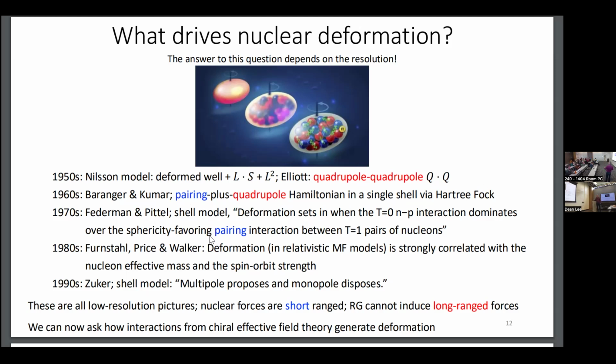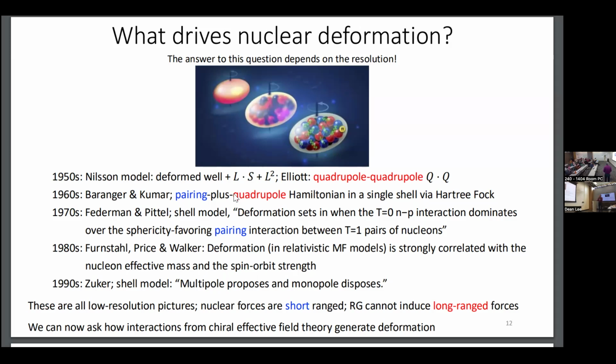Hecht looked at this in relativistic mean field models and found that deformation is very strongly correlated with nucleon effective mass and with spin-orbit strengths. And then finally, the shell model folks, the Strasbourg group, would say the monopole proposes, multipole, so that's multipole proposes, monopole pairing disposes. Good.